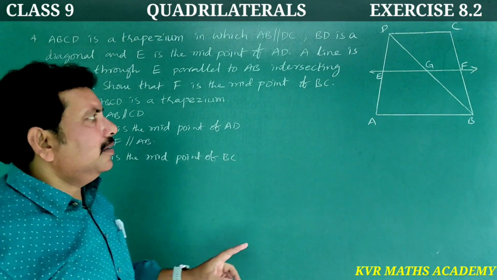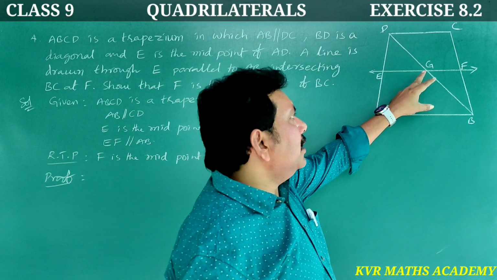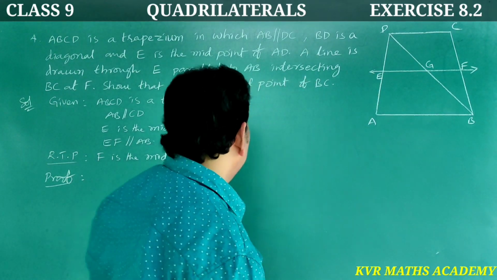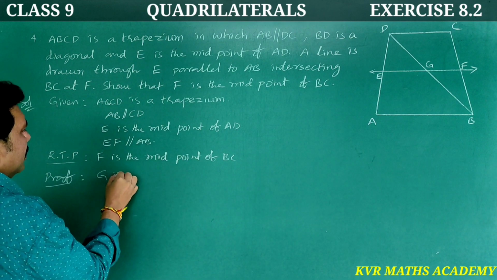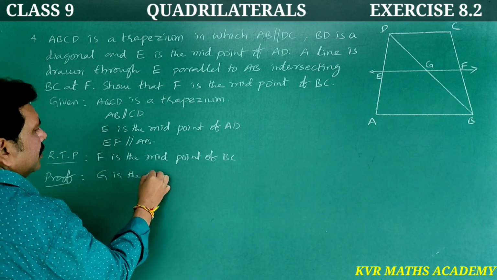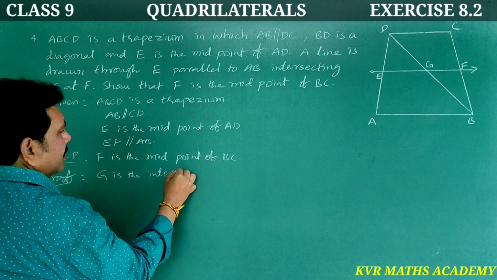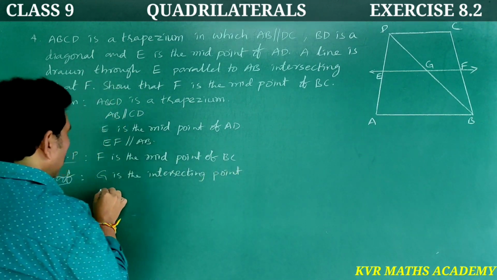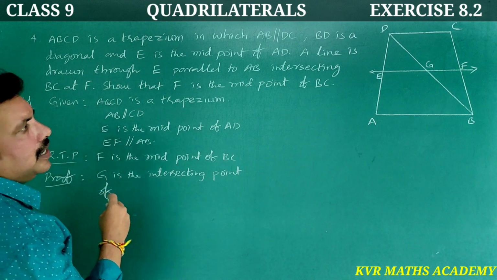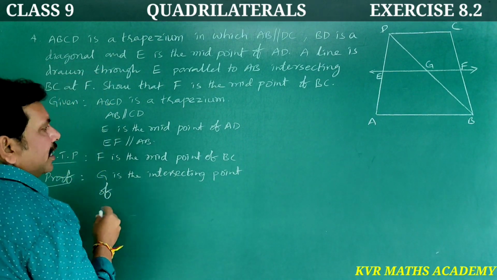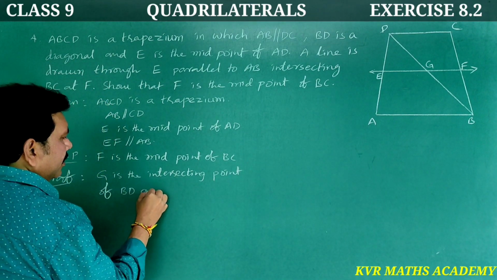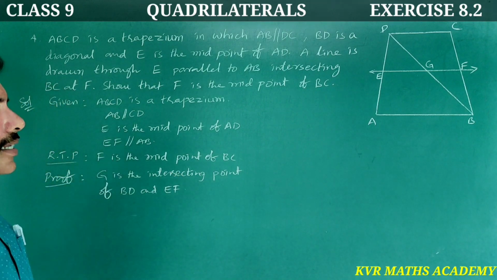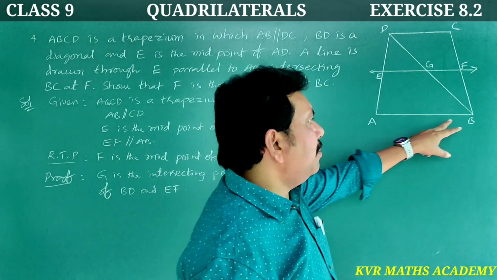Proof. Now let us take G as the intersecting point of BD and EF. Let us consider the triangle DAB.